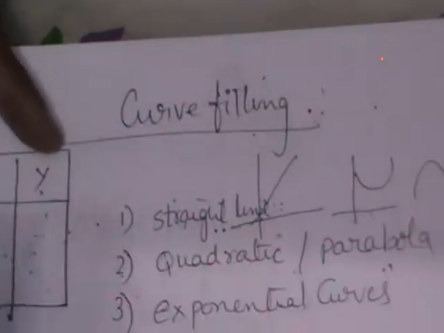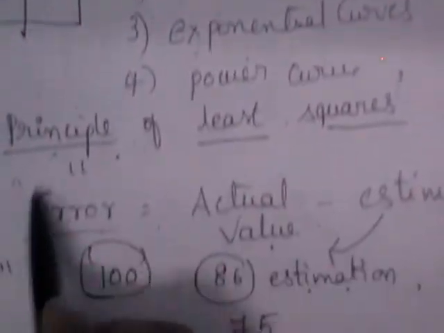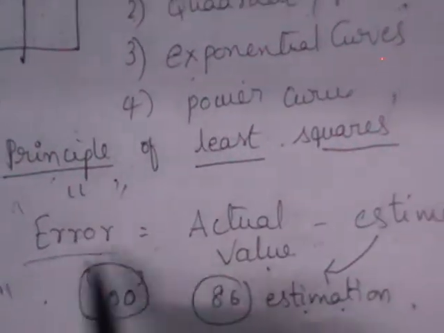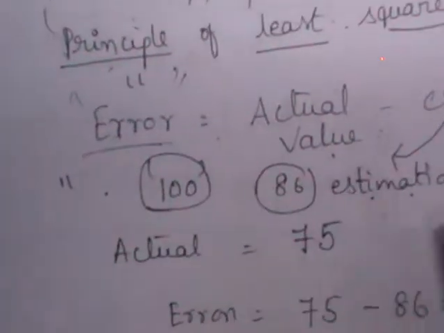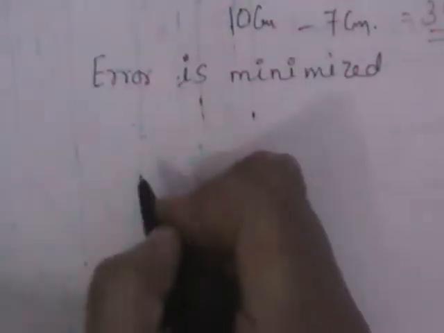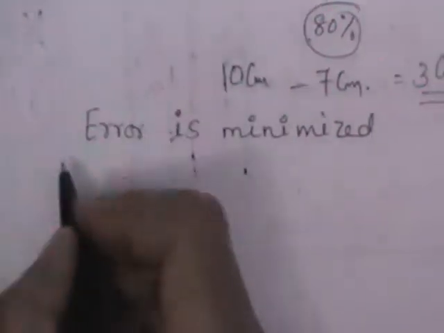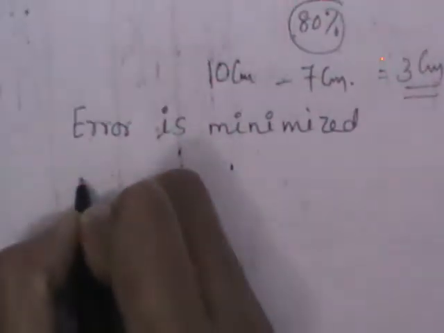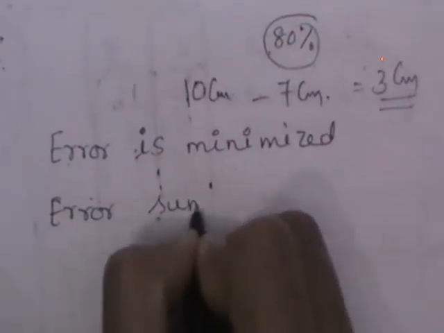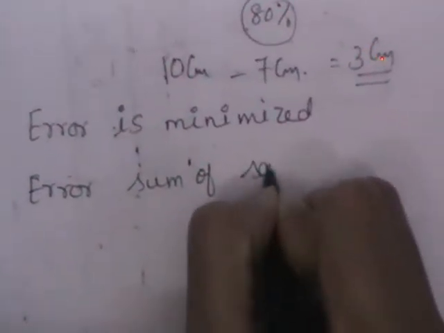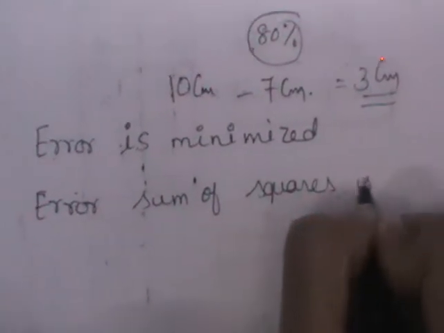The data may actually represent a parabola, but you are fitting a straight line. Then, since there is a chance of error, the error is to be minimized. Under the principle of least squares, it states that the error sum of squares is to be minimized.